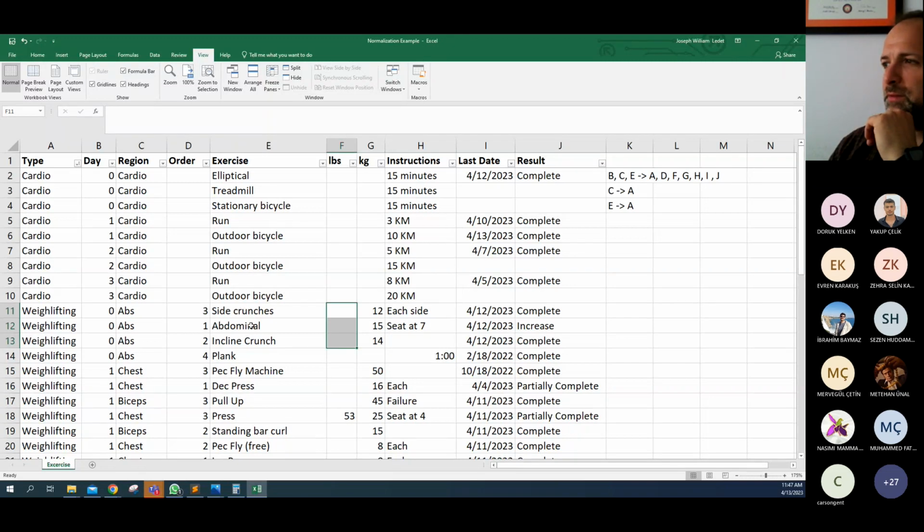Because E, or sorry, the E and C combination determines a lot, doesn't it? Because E and C together determine A, it doesn't determine B, actually.